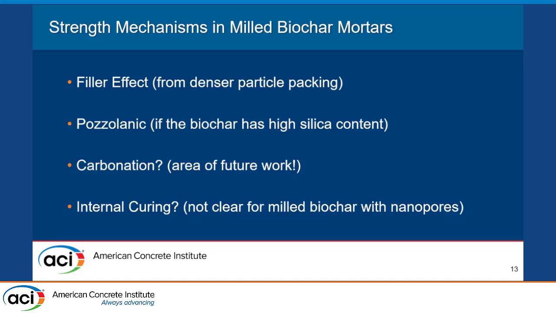And then internal curing is cited quite frequently for biochar improving strength in concrete. For the milled biochar, we have very, very fine pores. So we're not seeing the desorption behavior from those biochars that would benefit durability and shrinkage. But it's still possible that with larger pores, that could be a potential mechanism.